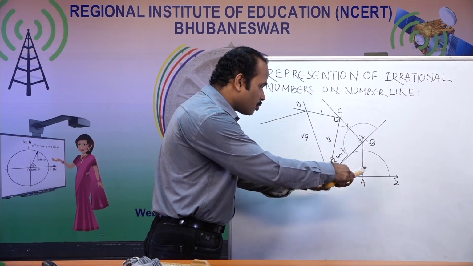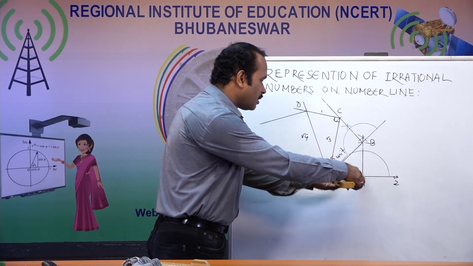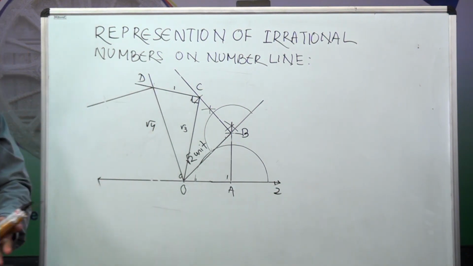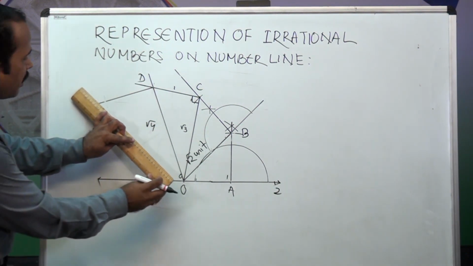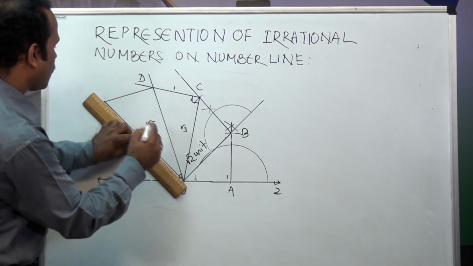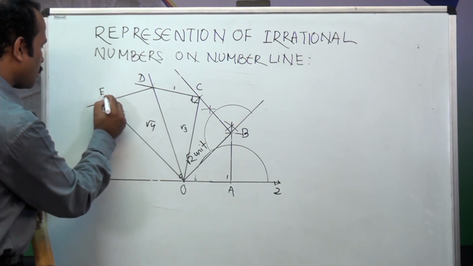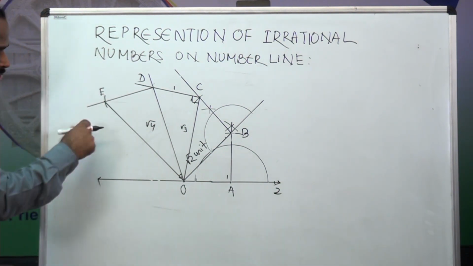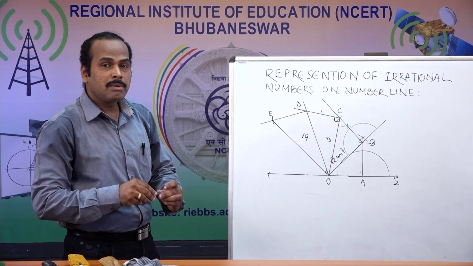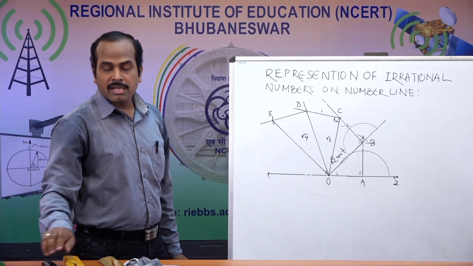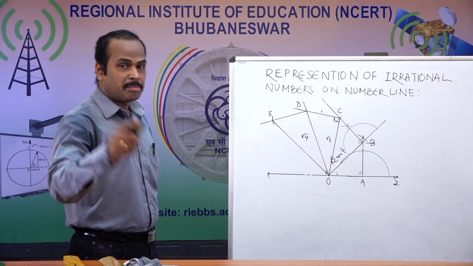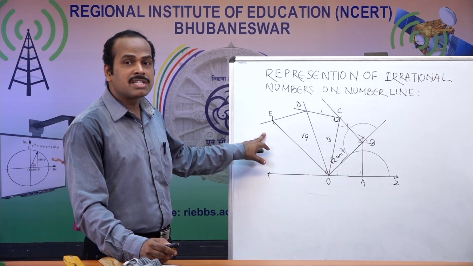If I select the same length of 1 unit at every point, I will find the next point, suppose E. In this process, if I go on continuing, I will find there is a spiral. That spiral is called the square root spiral. You can see the picture I have shown there. It's a square root spiral.